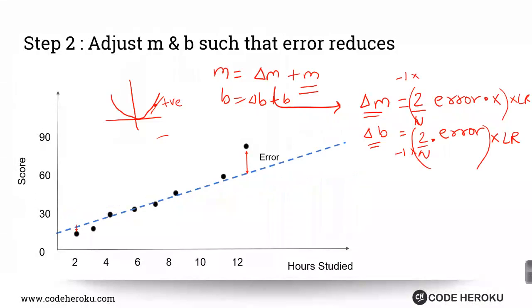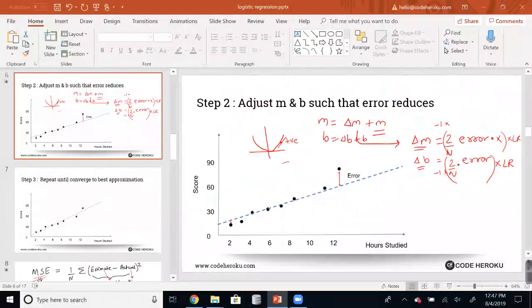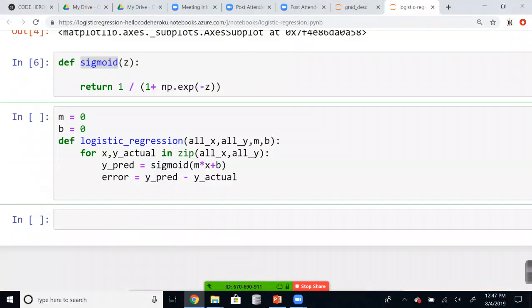So the derivation of that quantity will change, but the general form of implementation in terms of adjusting the delta m's and delta b, that doesn't change. The way you derive it, or the cost function, will change. But from the implementation standpoint, everything else remains the same for us.